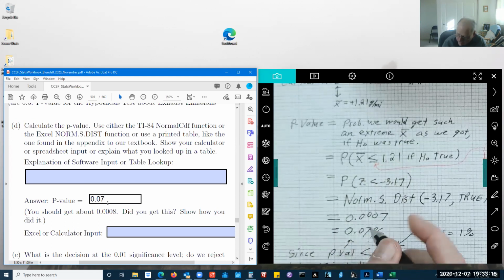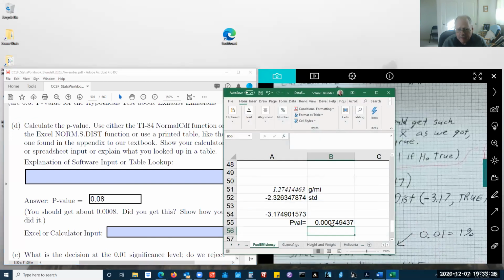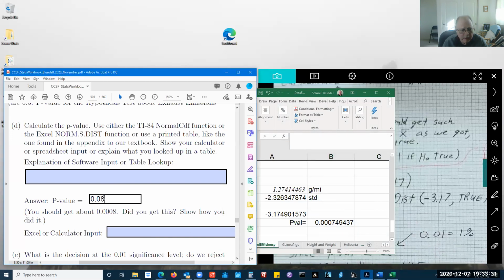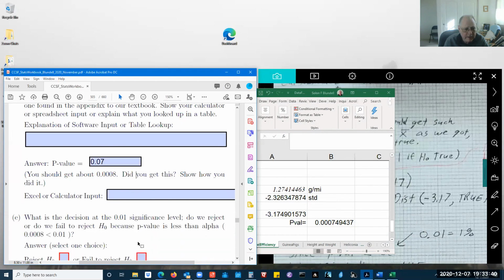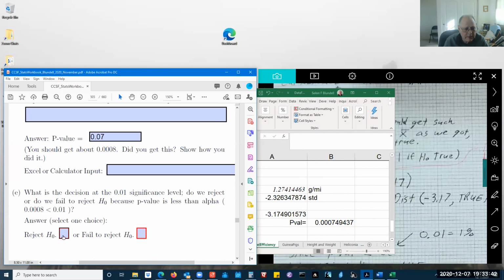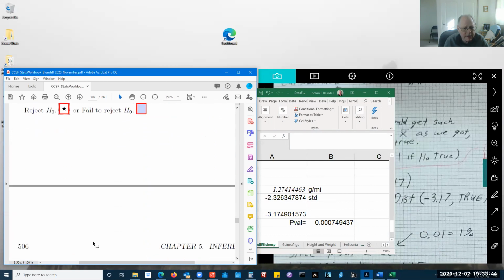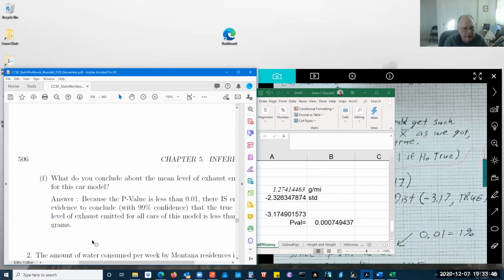Ooh, I think I rounded wrong here. That's not good. Let me look back at Excel and see what I did. No, I didn't round wrong. I rounded wrong in the workbook over here. So what's the decision? We reject the null hypothesis. So what do we conclude?